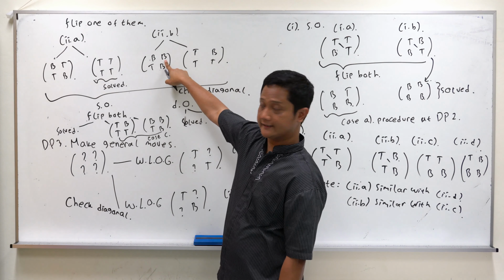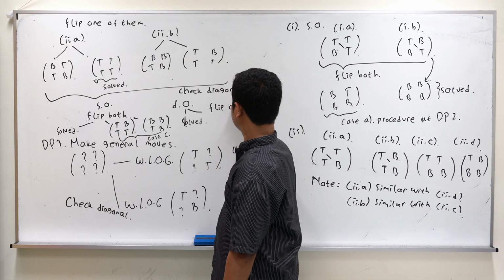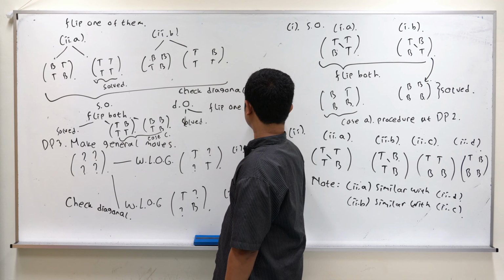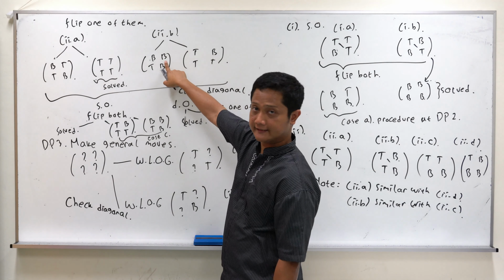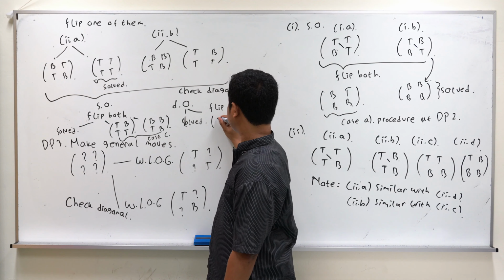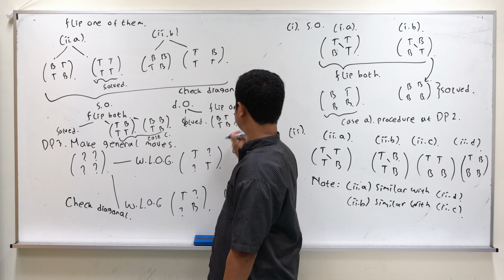And if we get this, so I think it is better to flip one of them, because if we flip both, then we do nothing. So if we flip this, then done. If we flip this, okay, become B T T B.